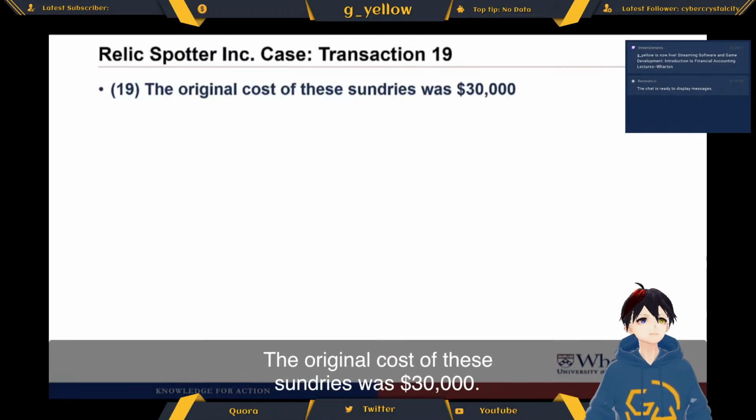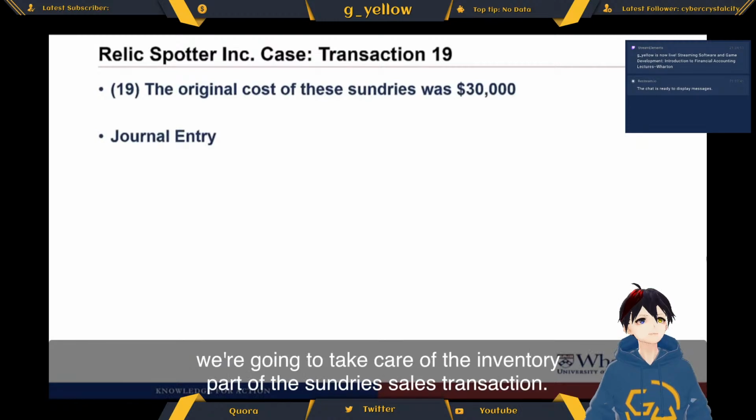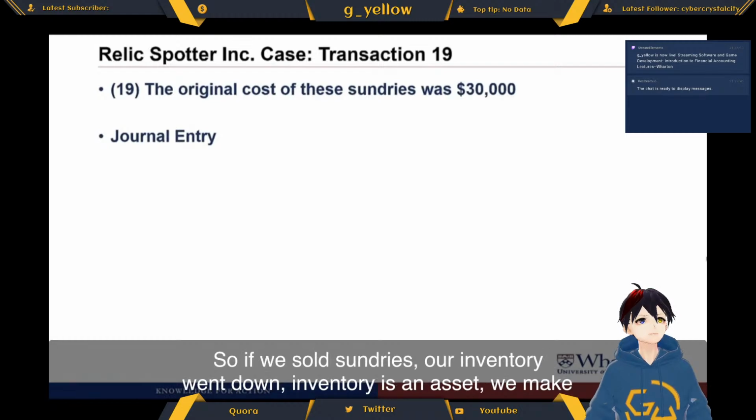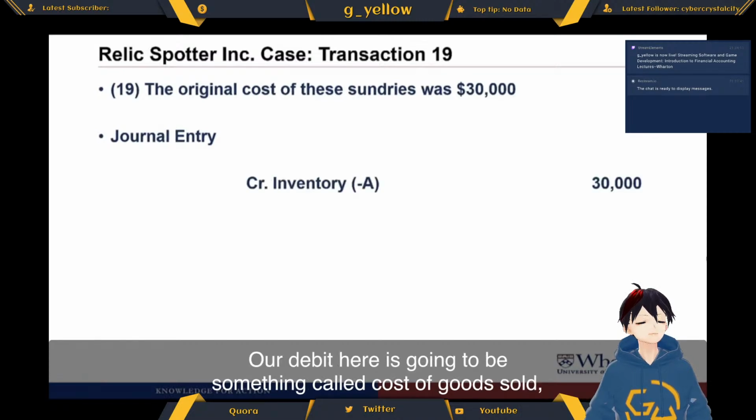Transaction 19. The original cost of these sundries was $30,000. In this journal entry, we're going to take care of the inventory part of the sundry sales transaction. So if we sold sundries, our inventory went down. Inventory is an asset. We make an asset go down with a credit, so we're going to credit inventory for $30,000.